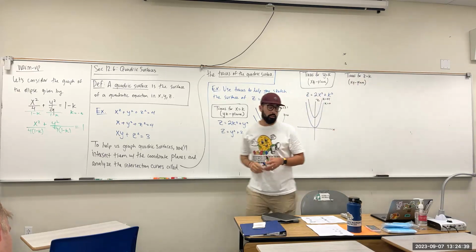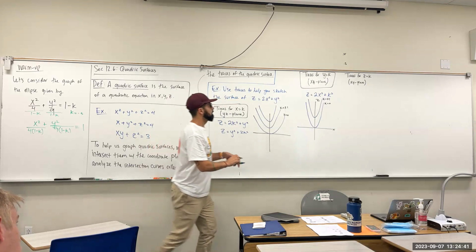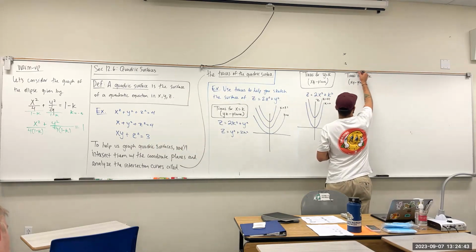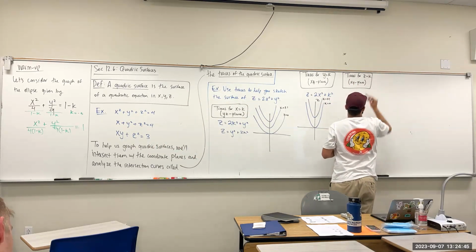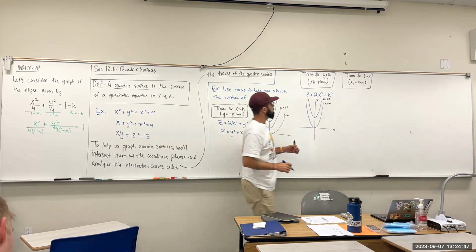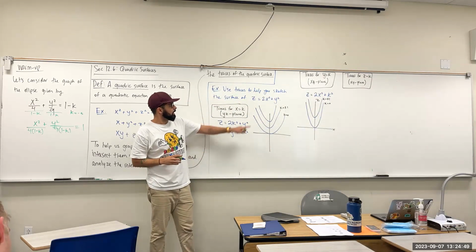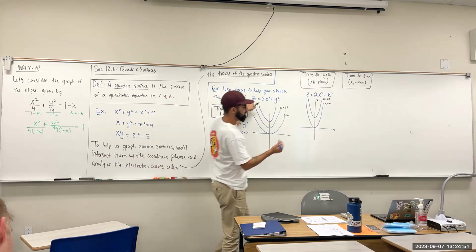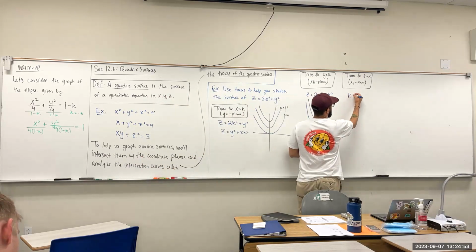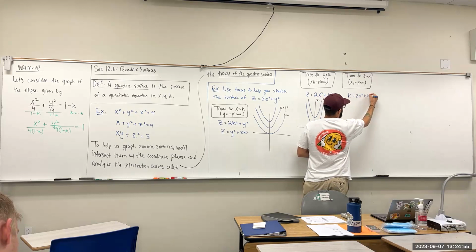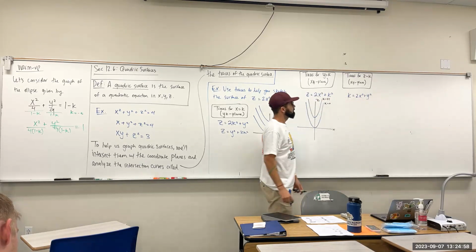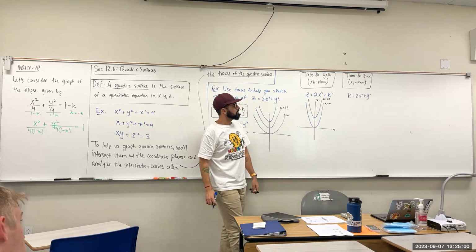Okay, here's where it gets a little bit more complicated. We're going to substitute k into the equation for z. So now we get k is equal to 2x squared plus y squared. Uh-oh.